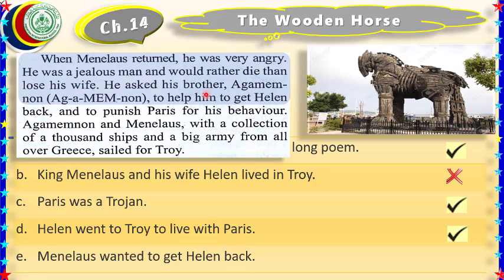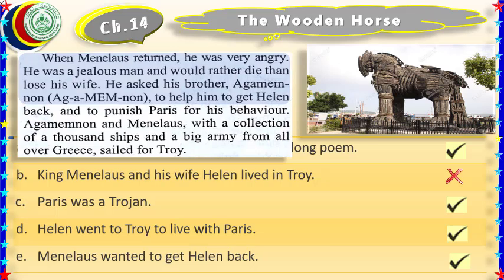He asked his brother Agamemnon to help him to get Helen back. This means part E is true. Dear students, we have done the first 5 parts of this exercise. Let us move forward to do the remaining parts.